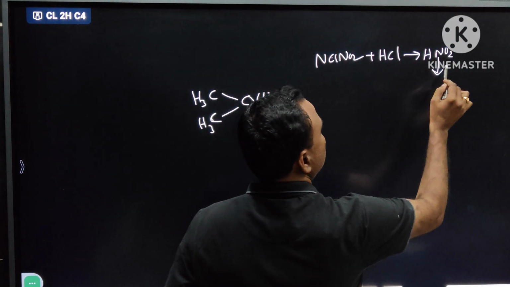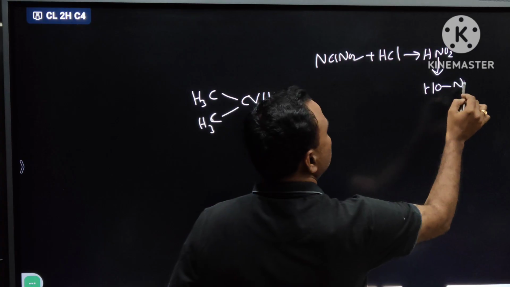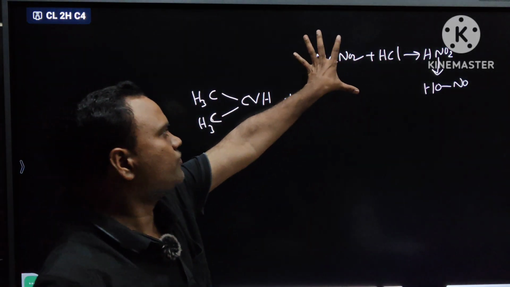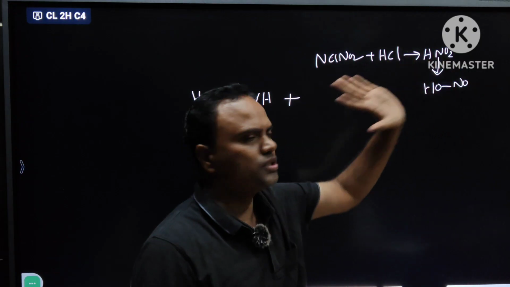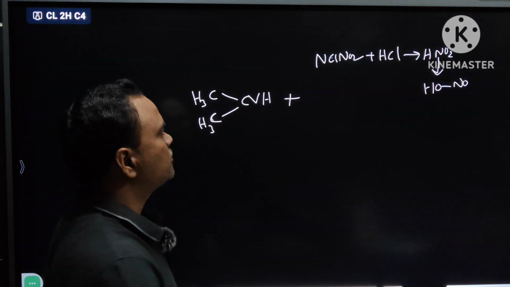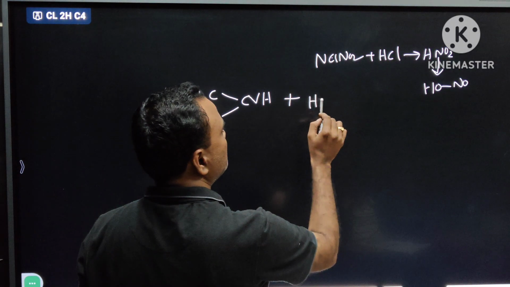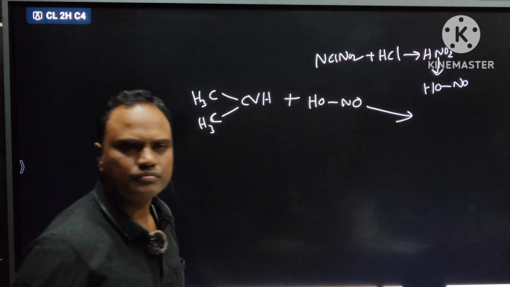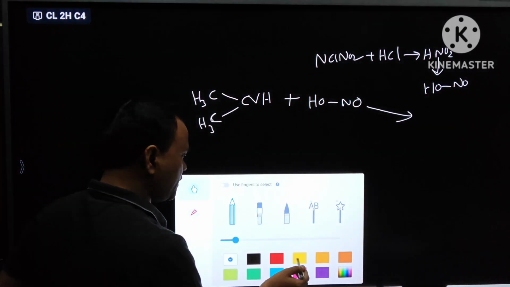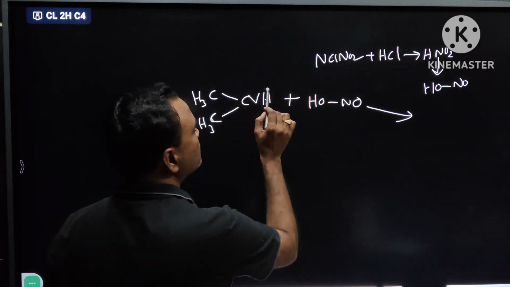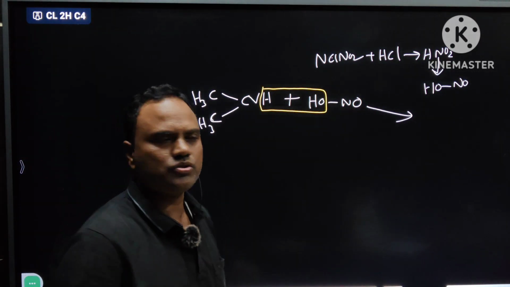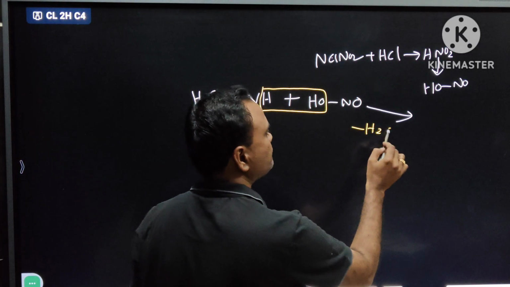HNO2 can be represented like this: OH, NO. So from these two, we will get HNO2. So I am writing OH and NO. Guess what will be eliminated? Water. Minus H2O.